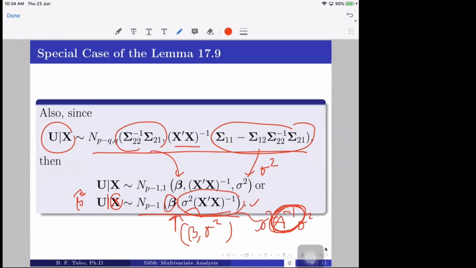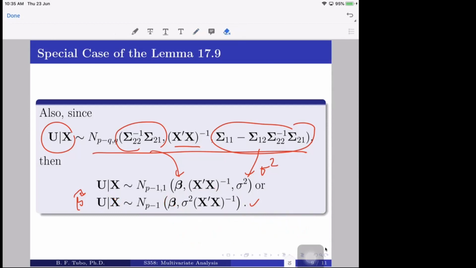So if we cannot really say that it is unbiased, because it has a bias component, which is x prime x inverse. When do you think this happens? When your x is what? When does this x prime x inverse component appear? When do you think?